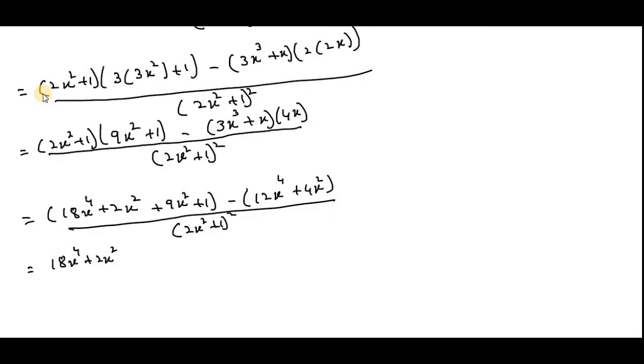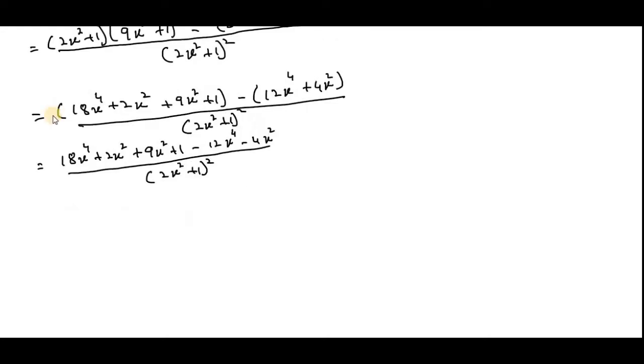This is 18x4 plus 2x square plus 9x square plus 1 minus 12x4 minus 4x square and whole divided by 2x square plus 1 whole square.